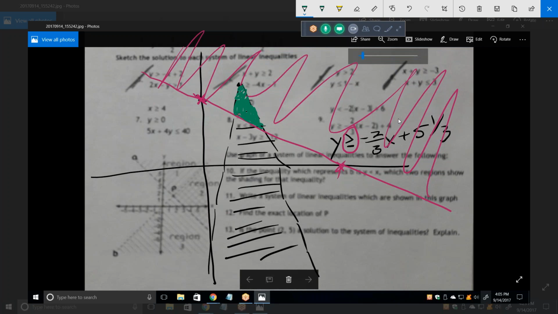Now, there are some interesting questions here that one could ask. For example, is that point in our area? No, it is not. Is this point in our area?